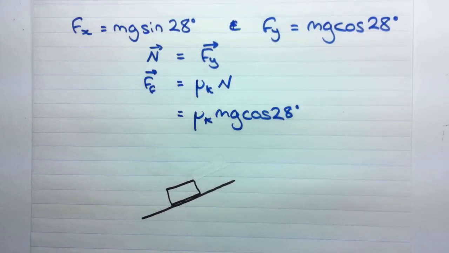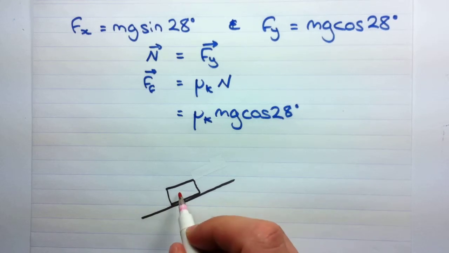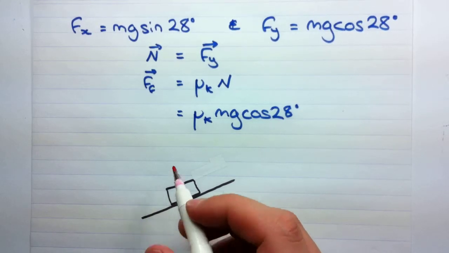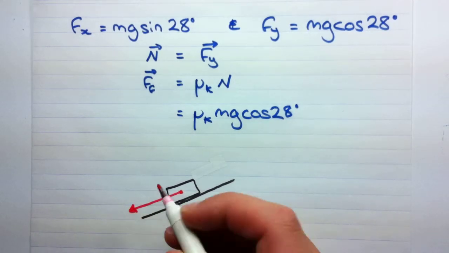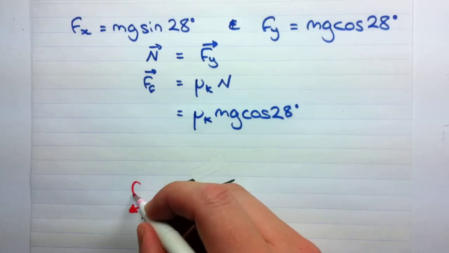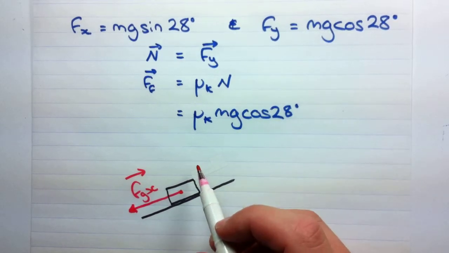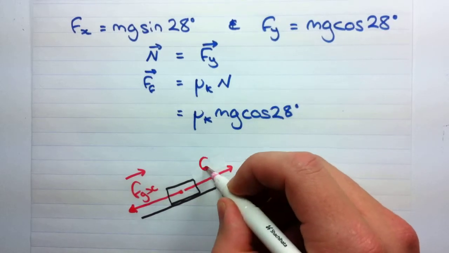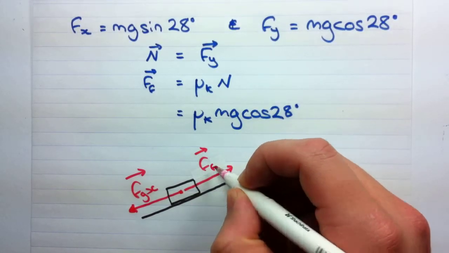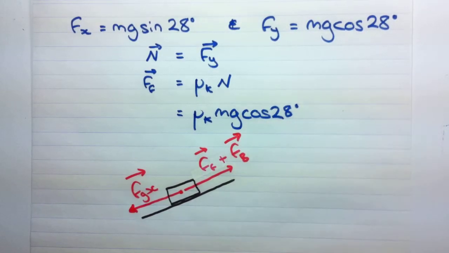Let's have a look at this diagram over here and just try and conceptualize the problem once again. So let's look at the x direction. It's not in equilibrium, so it's not so simple. The force pulling it down is gravity, or the weight force, but only the x component of the weight force. The forces pulling it back up in this direction are friction, opposing the motion, and the force that the boy is applying to the box.